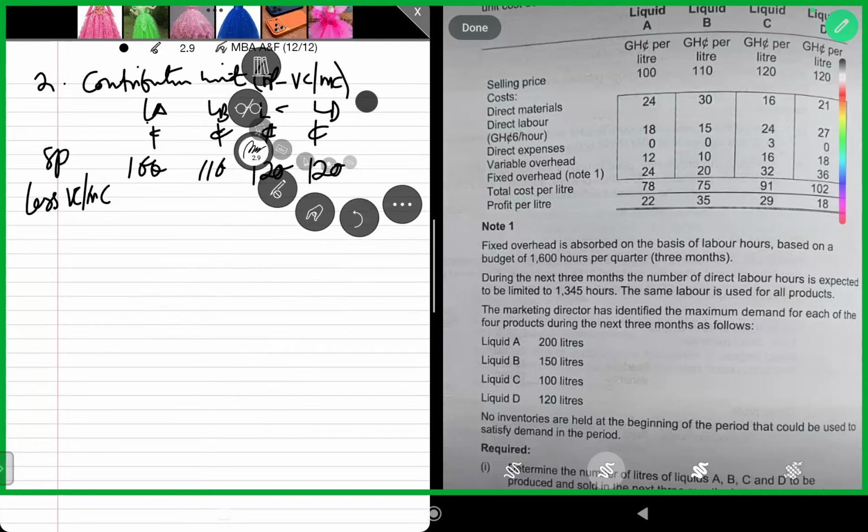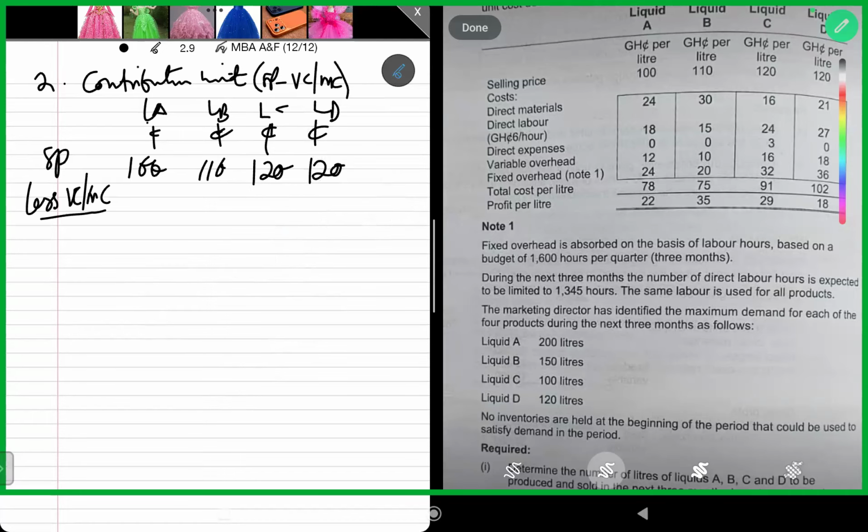So we go on to this. We say less marginal cost, and in the data we have marginal cost elements. For example, materials will change when the activity level changes. Labor will change when the number increases. Direct expenses will also change when the number increases, right?